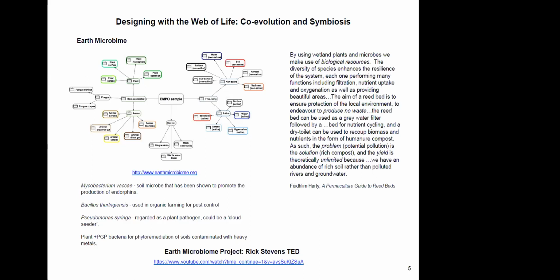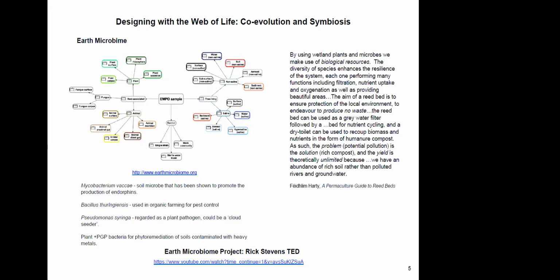But what we're actually discovering is that these microorganisms, which have co-evolved with us and with all the other living organisms on the planet, work in symbiosis to do a great deal of good. It's not the case, as most of us think, that microorganisms are germs, that they're all pathogens.